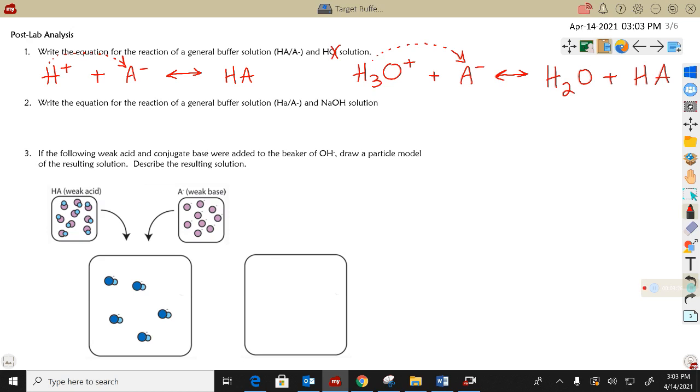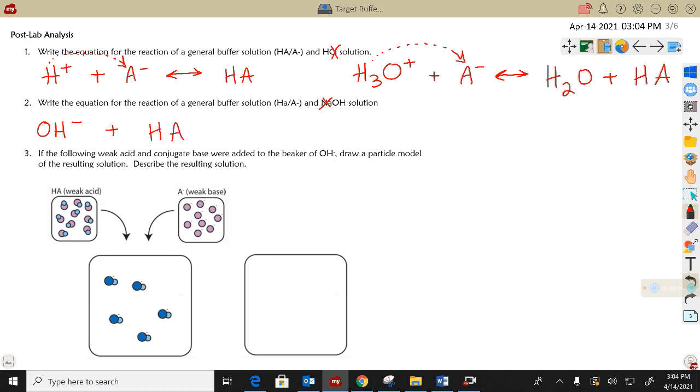If I'm writing the general equation for a buffer in the presence of hydroxide, again, that sodium is just a spectator, but I'm for sure going to have hydroxide as a reactant that's being added to the buffer. Well, the base would react with the acid. So this is going to react with the acidic particle from my buffer, the weak acid.